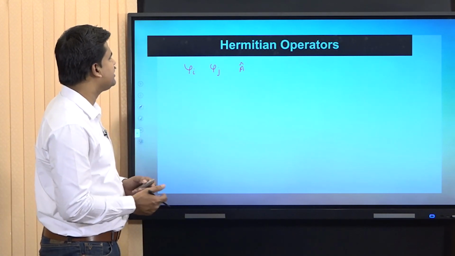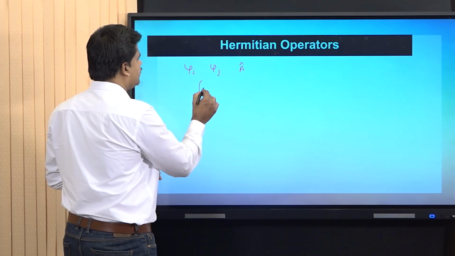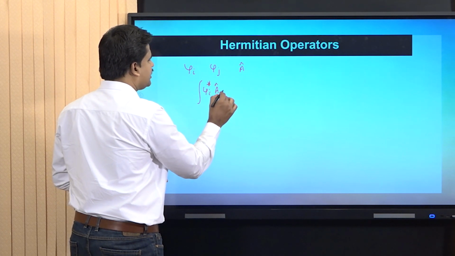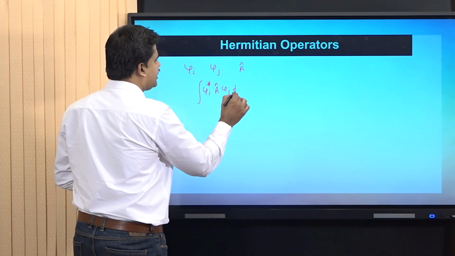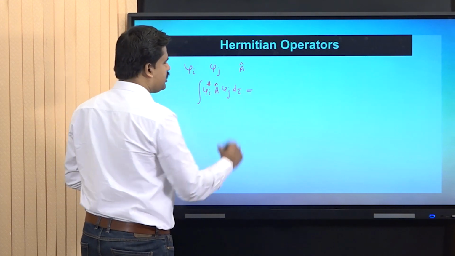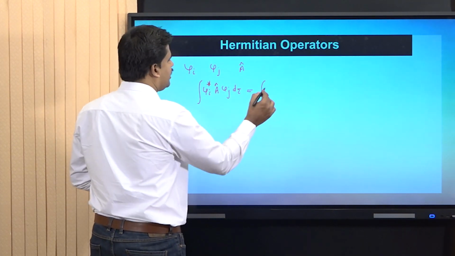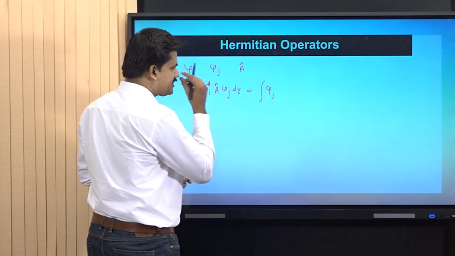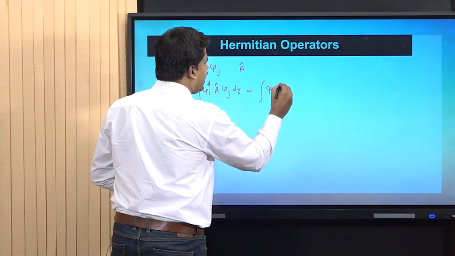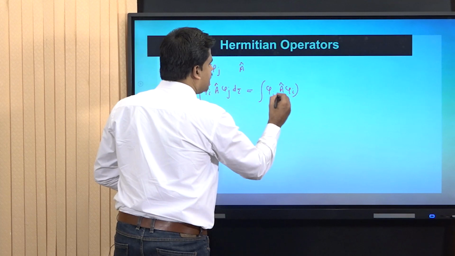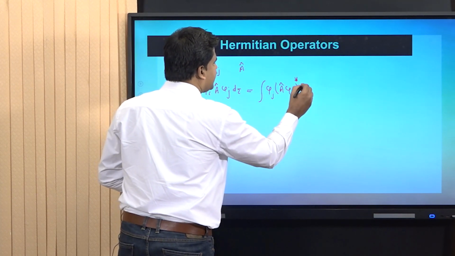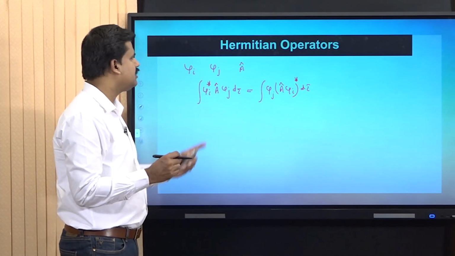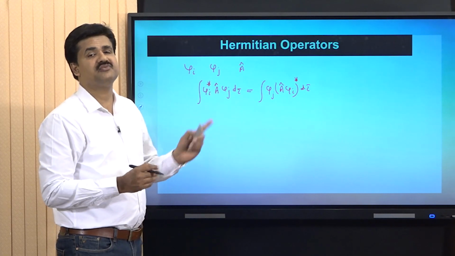The mathematical condition is like this: integral psi i star A hat psi j d tau must be equal to integral psi j, I exchange the position of i and j, so the first term is psi j A hat psi i, the whole star, d tau, where psi i and psi j are two arbitrary state functions.